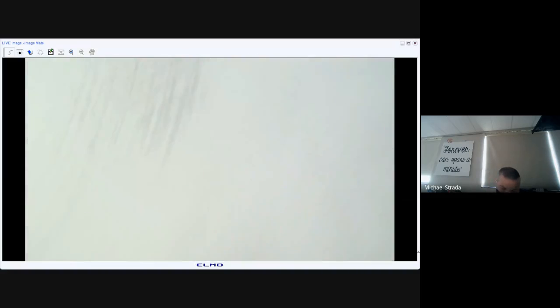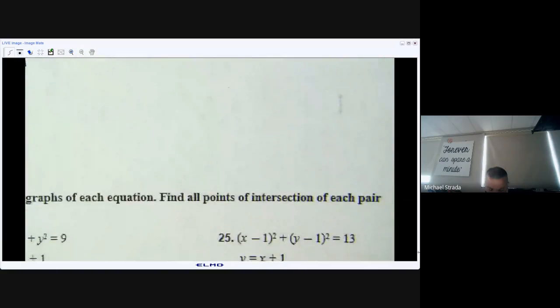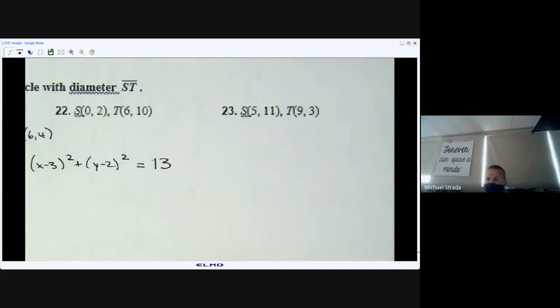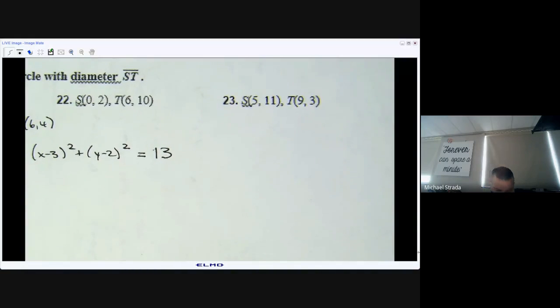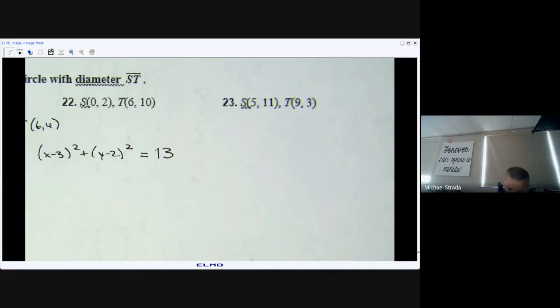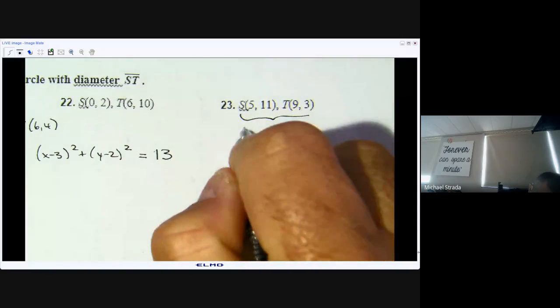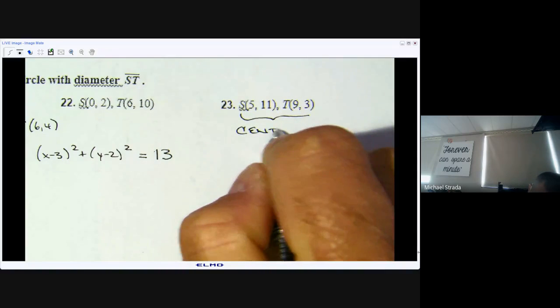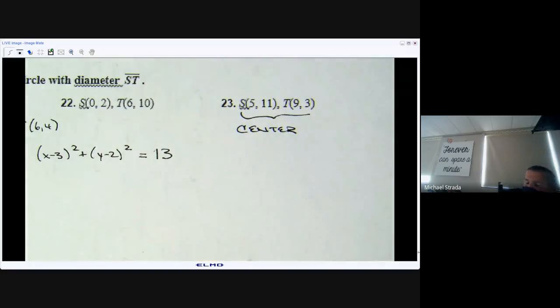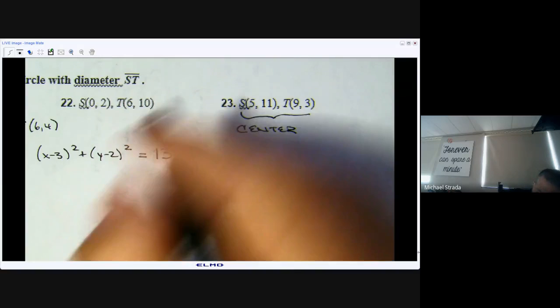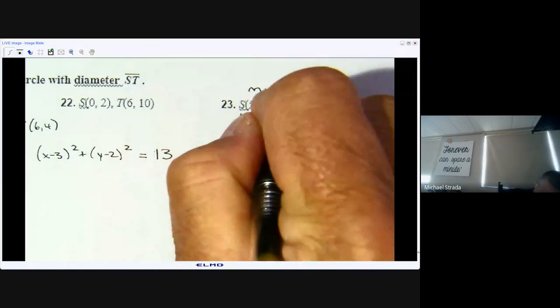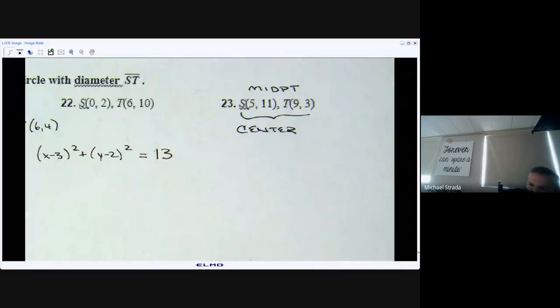Okay. So now we're in the back. All right. Find the equation of a circle with a diameter. The first thing we have to do is get the center. To get the center, remember, what do I have to find for the diameter? Midpoint.